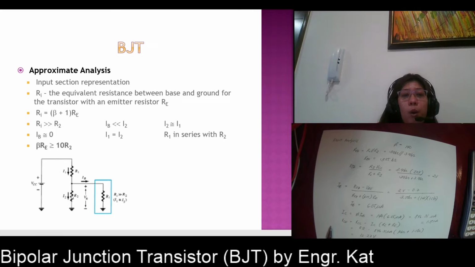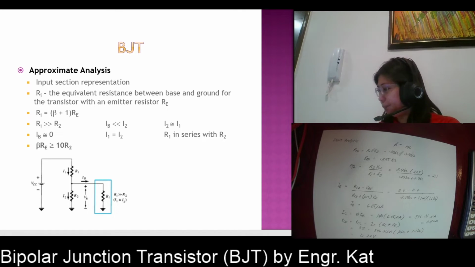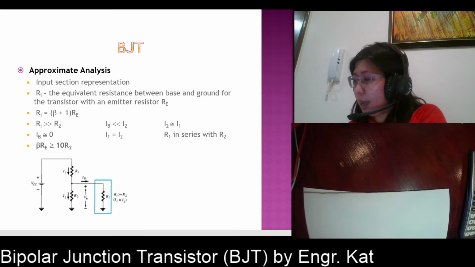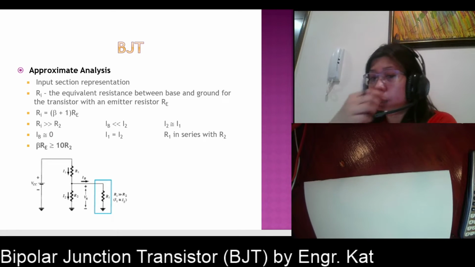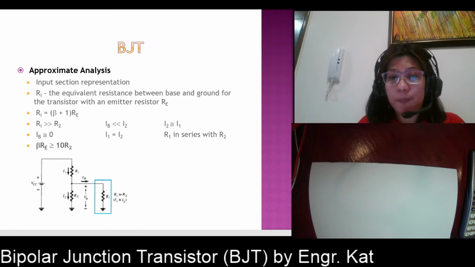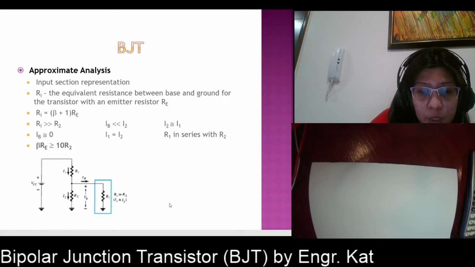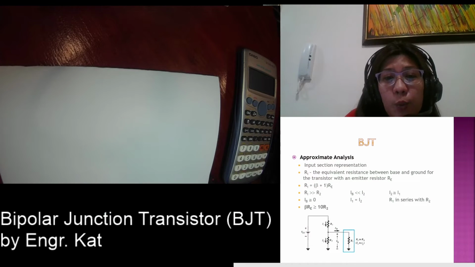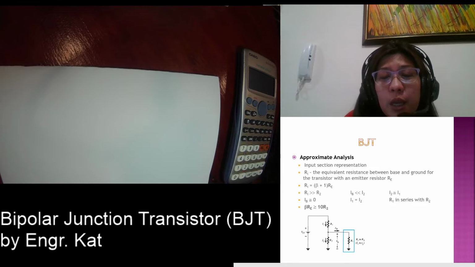But how easy is your approximate analysis? When we satisfy that condition, we can solve for the voltage across R2.